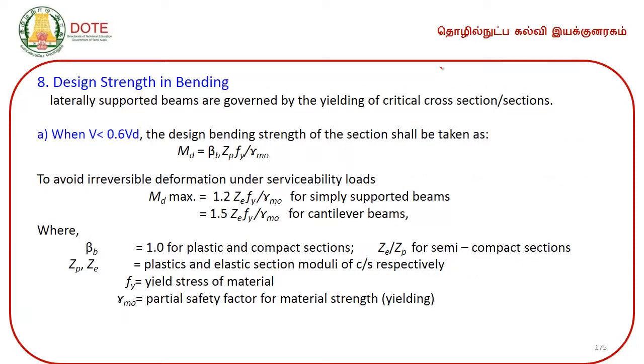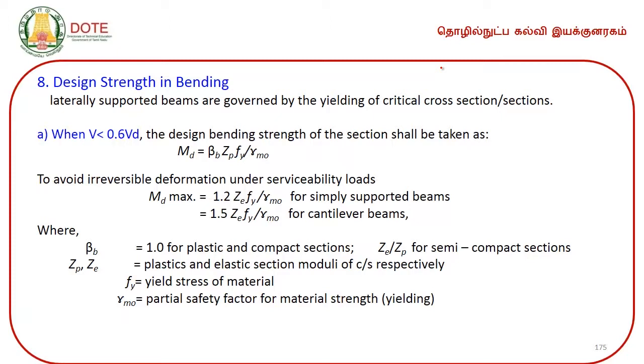And for design strength in bending of laterally supported beams, I repeat, laterally supported means that they will fail by yielding of the cross section, and torsional buckling will not occur. These are the two keywords to bear in mind while designing laterally supported beams.